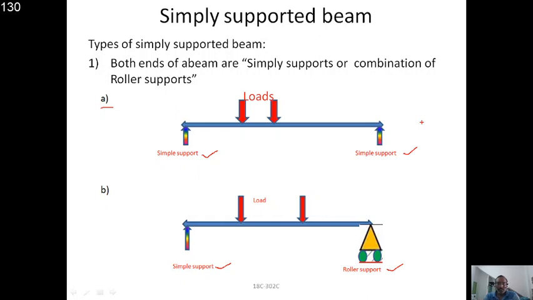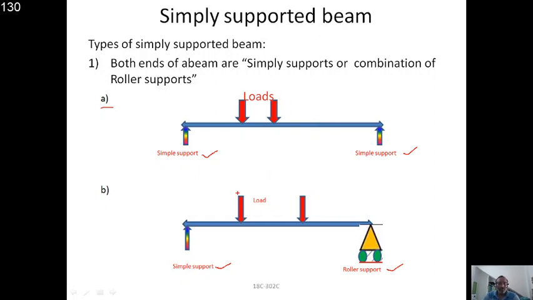Hence, when we are discussing simple supports, that is, not the hinged support, the beam should be loaded with only vertical loads. No inclined load is allowed, and no horizontal load is allowed. In both figures A and B, you can see the loading conditions are purely vertical.